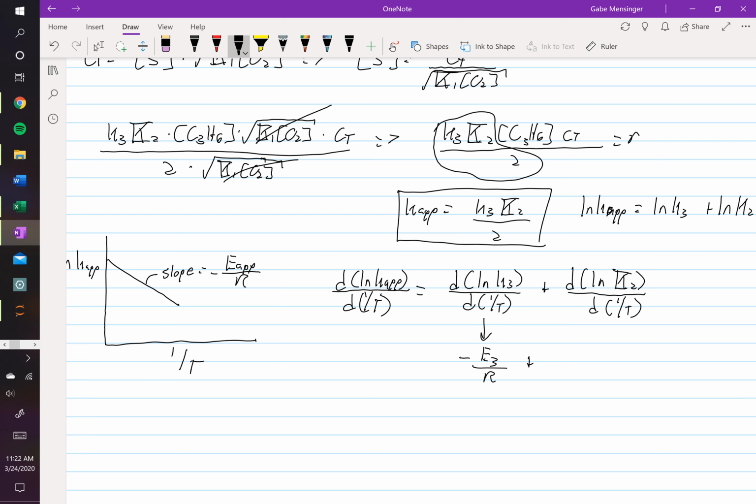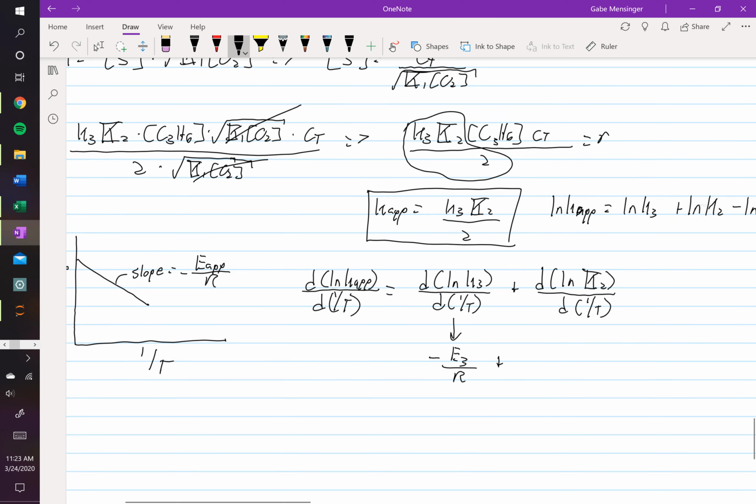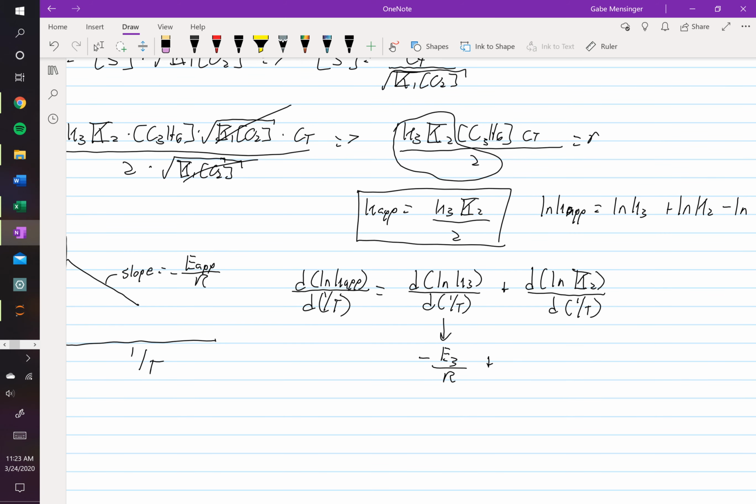It's not the activation energy, it's instead the heat of reaction, because when we use the Van't Hoff equation to find K at a different temperature, we don't use an activation energy, we use delta H. So that's going to be delta H2 over R, and that's equal to negative E apparent over R. All our negatives will cancel, and our R's will also cancel.